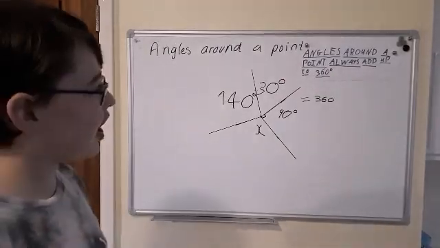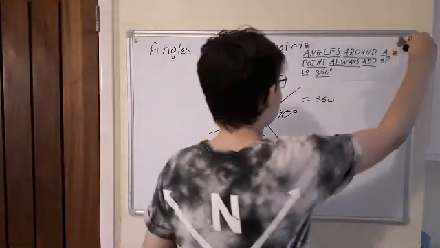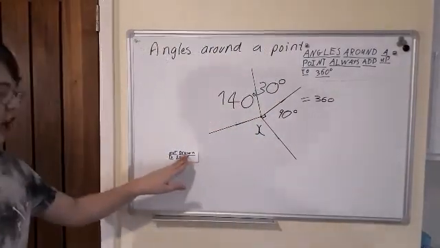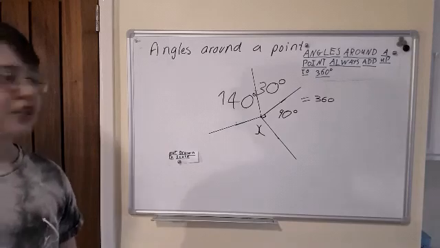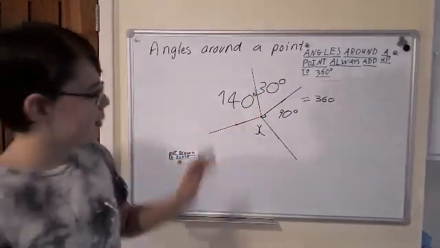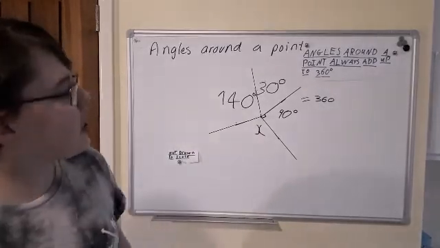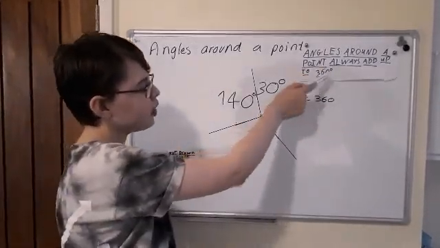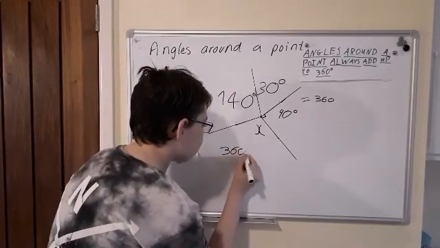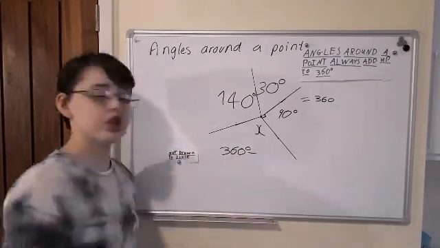Now, important thing I should mention is this is not drawn to scale. This is not accurate. Please don't assume it is. Don't try to measure it. So, to find out X, we're going to do what we know. We know they all will add up to 360, so we're going to start our equation. 360 degrees minus something.